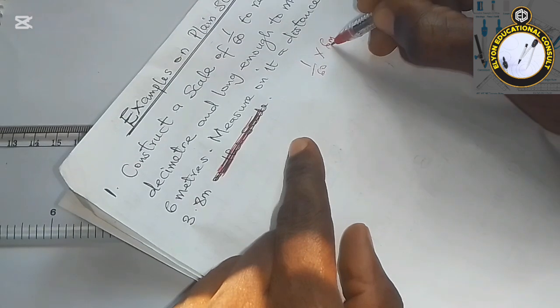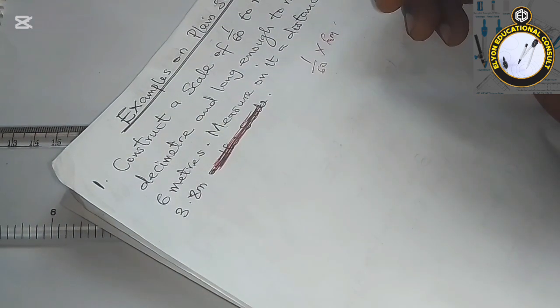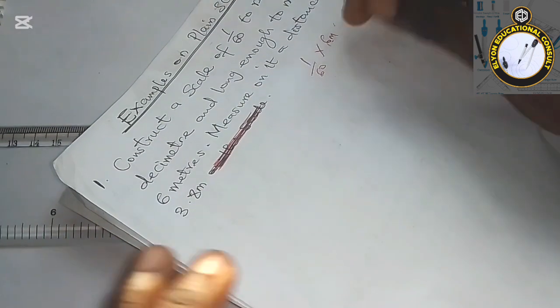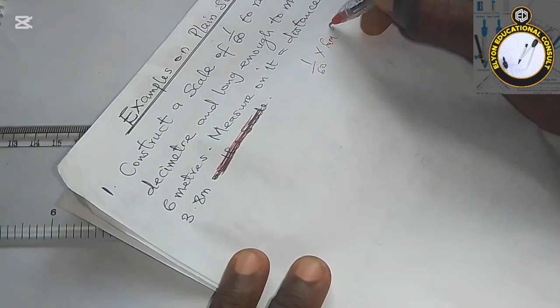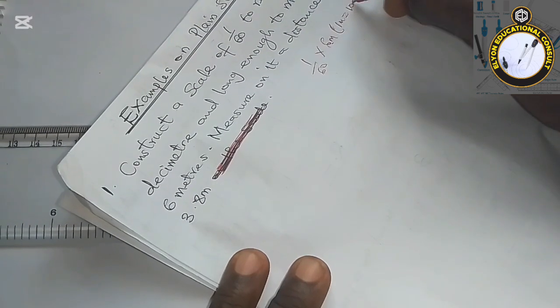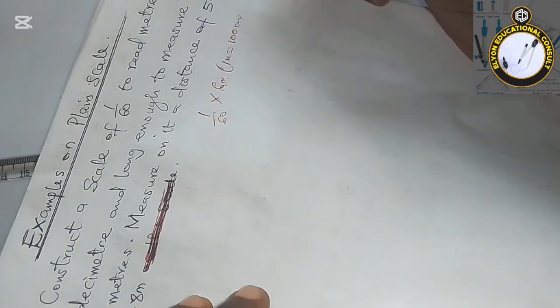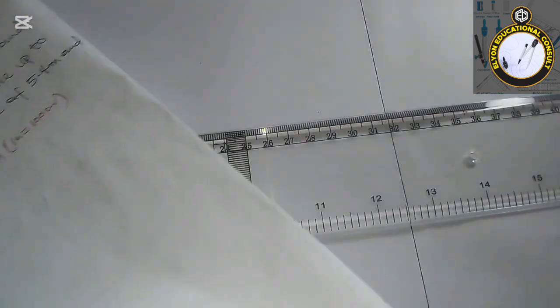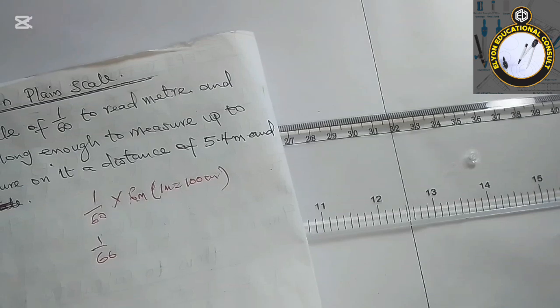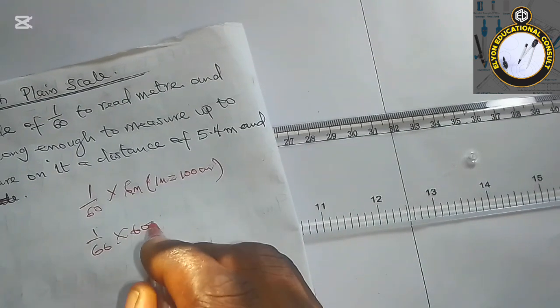Changing this to centimeters now, because we are going to be using a centimeter ruler to take our measurement. 1 meter equals 100 centimeters. So this now is 1/60 multiplied by 600.